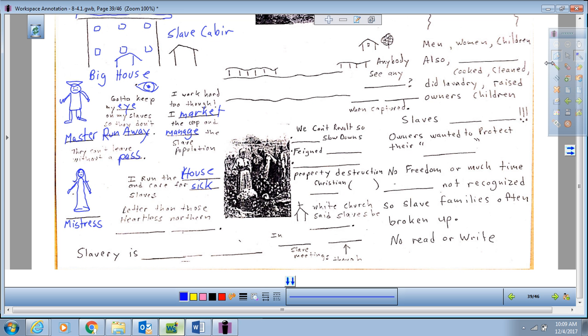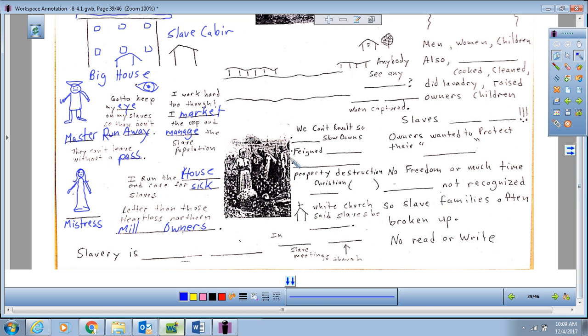So, even though they're our property, we care about them better than those heartless northern mill owners who don't care at all about their workers. Remember, that was the argument.